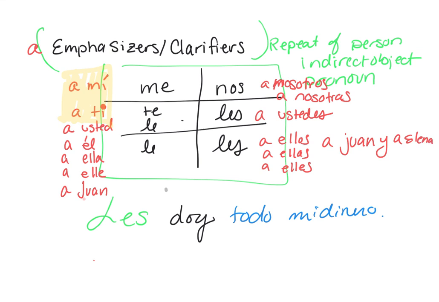So you're going to say the a 2 times. Okay, your emphasizer and clarifier is going to come right here. So it would look something like this. A ustedes les doy todo mi dinero.